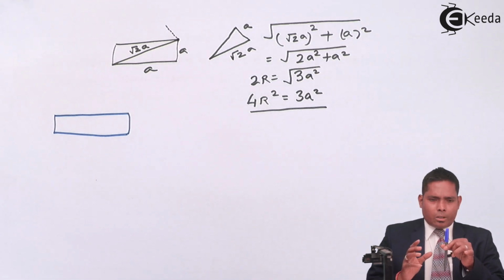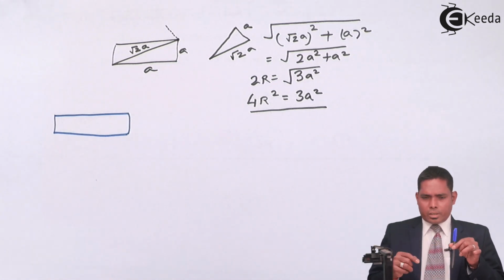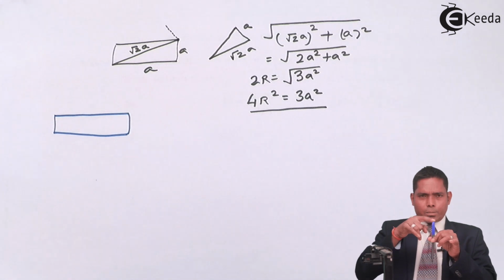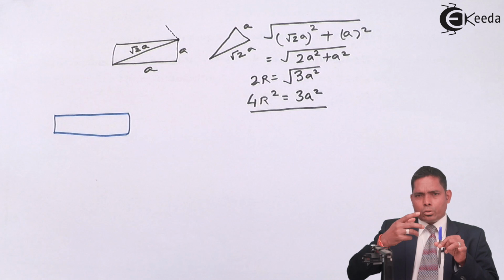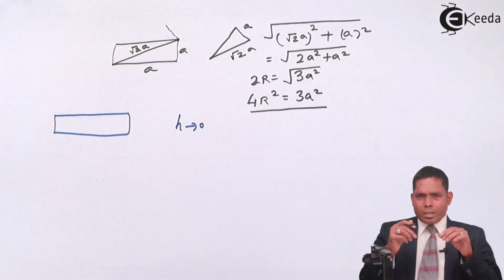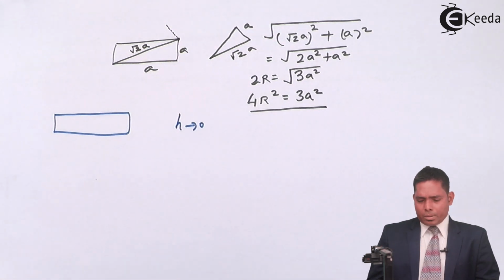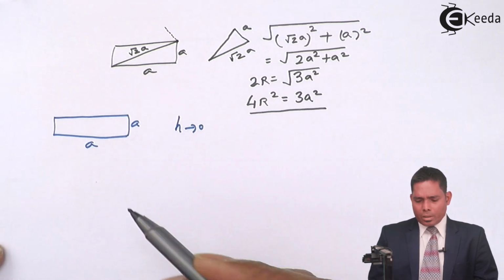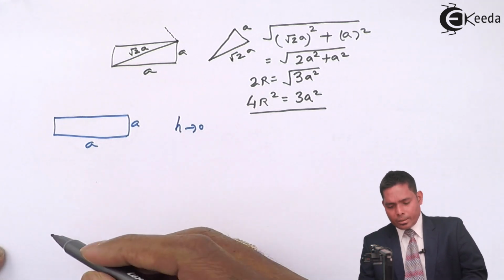So I have length, breadth and height, and the height part I reduce, because the axis passing through the center is parallel to this height. When I reduce the height to 0, only length and breadth remain, so it becomes a plate of side a and a.